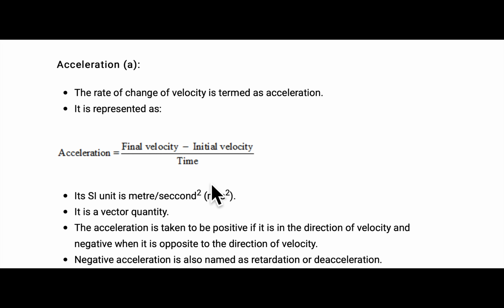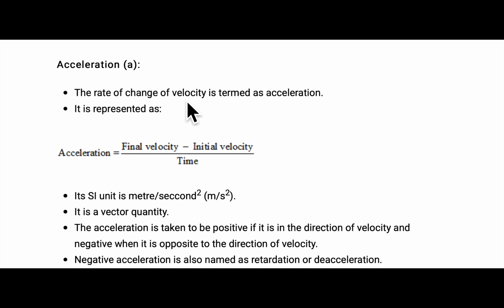Good morning, students. Let us discuss motion, in which we have already discussed in the previous lecture about acceleration. Acceleration, that is denoted by A, is defined as the rate of change of velocity.